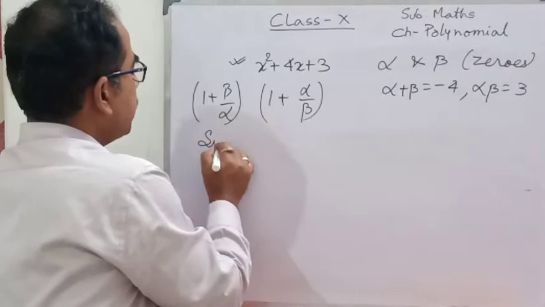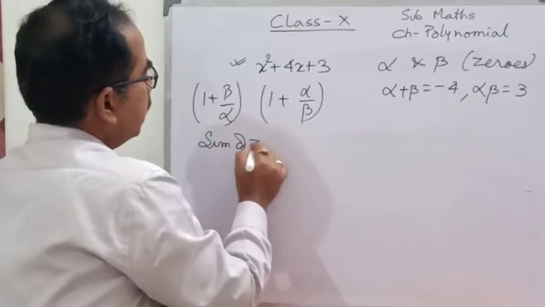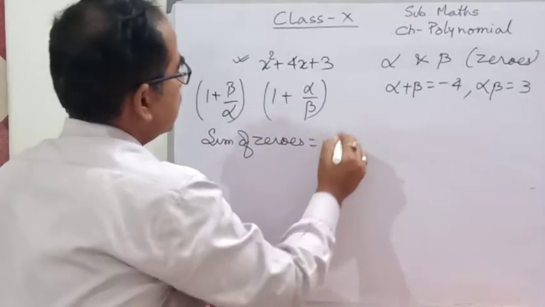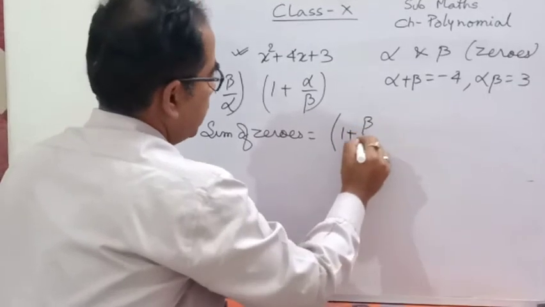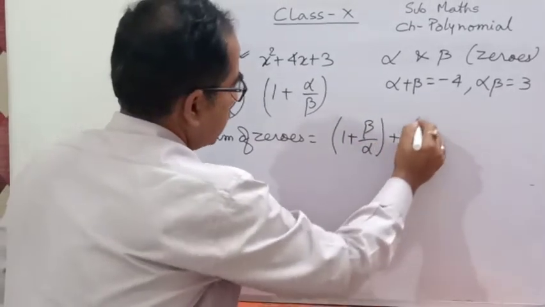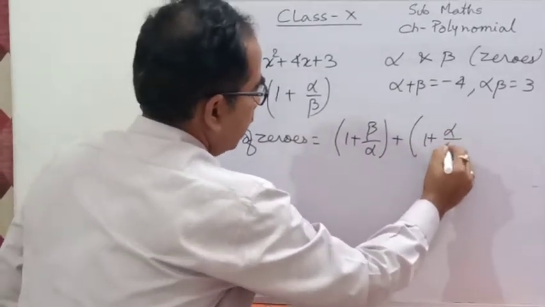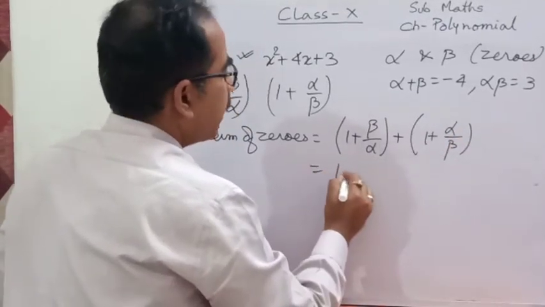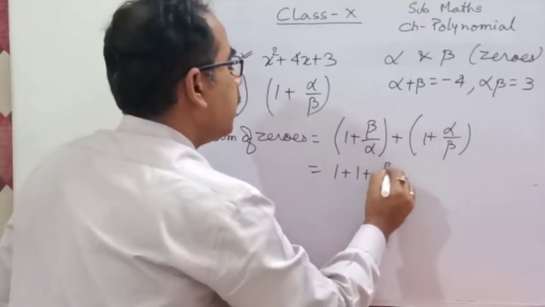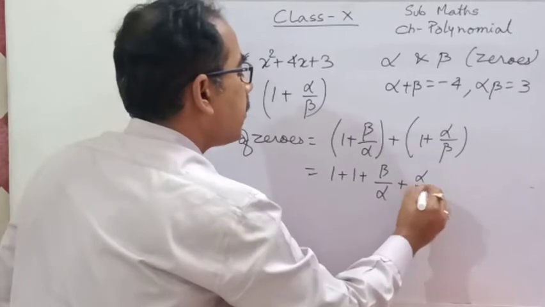So now, first of all, make the sum of the zeros. Sum of the zeros is 1 plus beta by alpha plus 1 plus alpha by beta. So what you are getting is 2 plus beta by alpha plus alpha by beta.